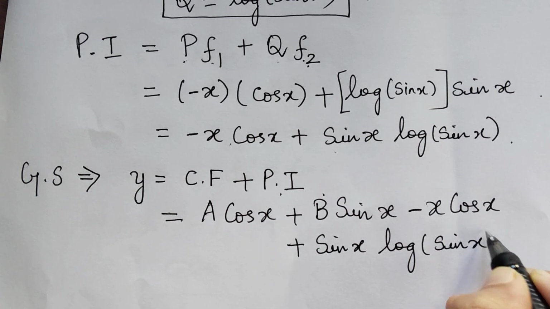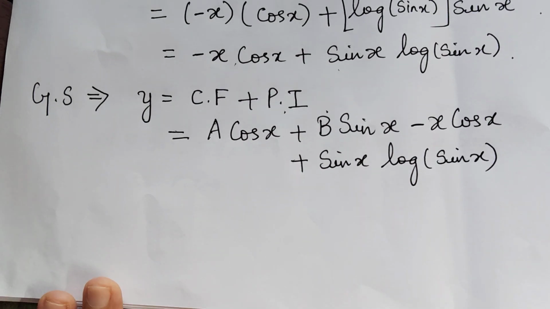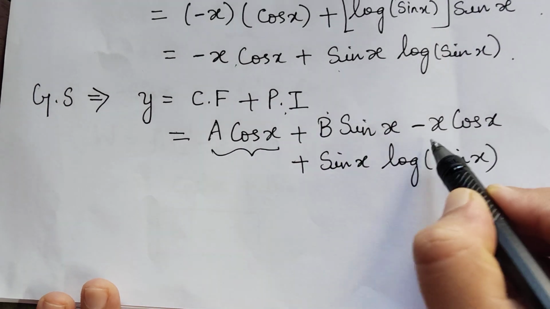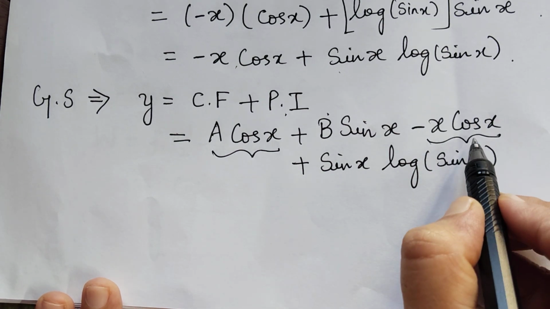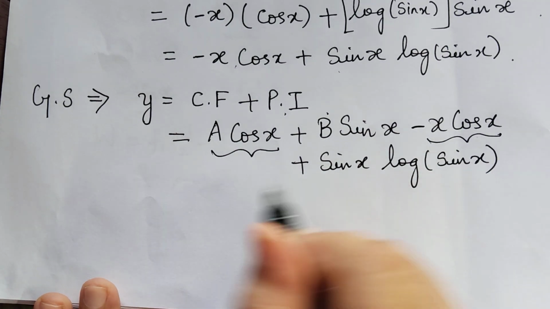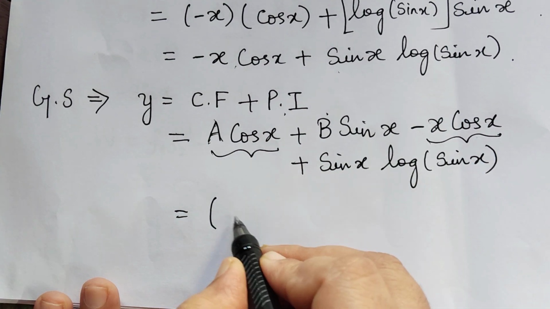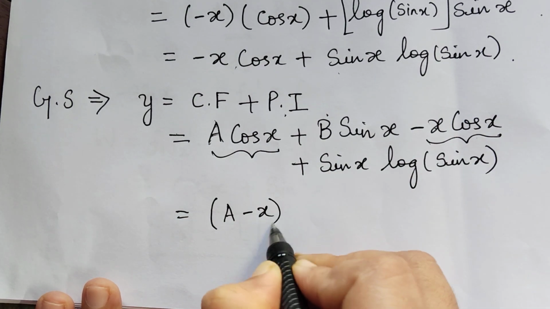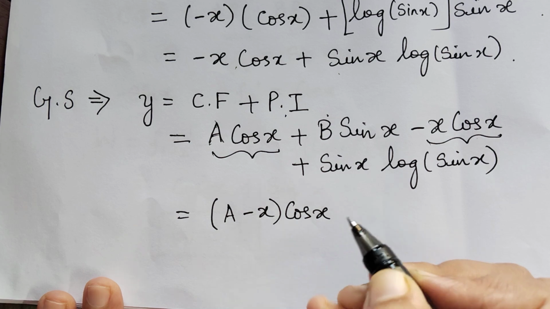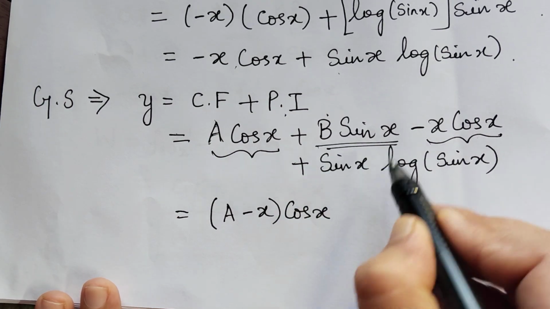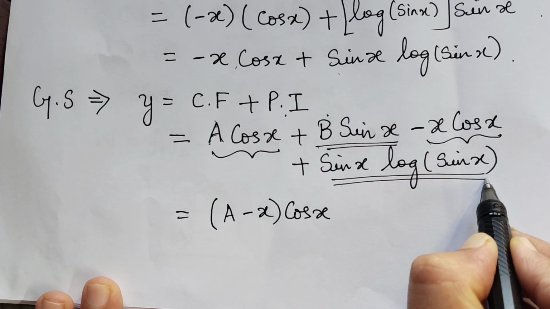Now if you see in these two terms, cos x is in common. If we take that cos x in common, within the bracket we will have a minus x, so a minus x multiplied with cos x. In a similar way, in these two terms, sin x is in common.